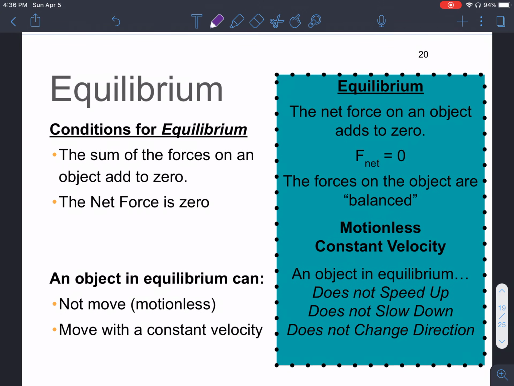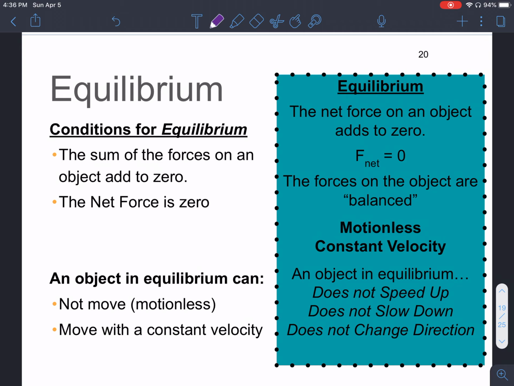And we also refer to this, stationary or balanced, as the object being at equilibrium: not slowing down, not speeding up, and not changing directions. It is a motionless object. The object doesn't actually have to be motionless, though. It could be moving at a constant velocity, because then it is still not speeding up nor slowing down.